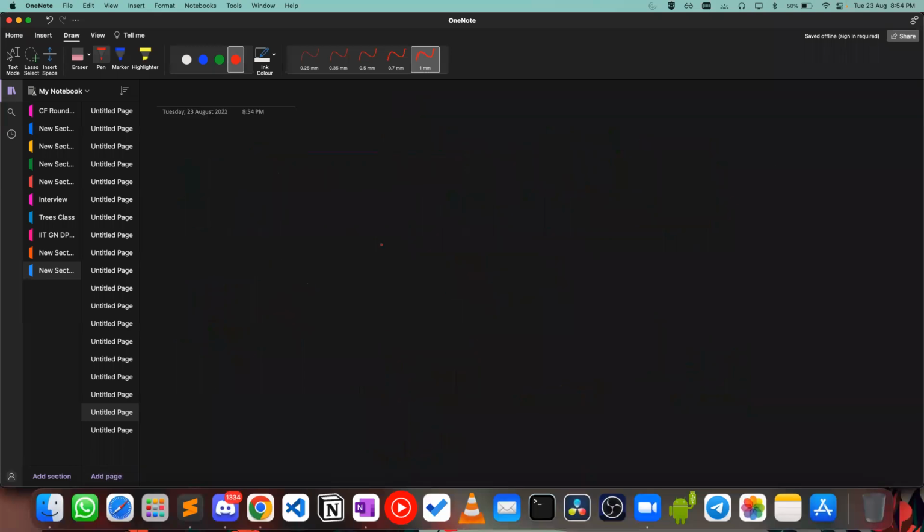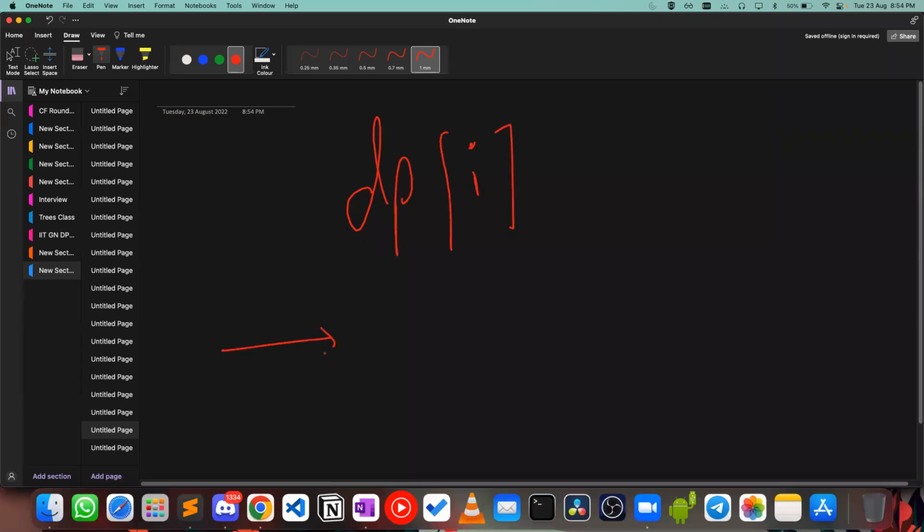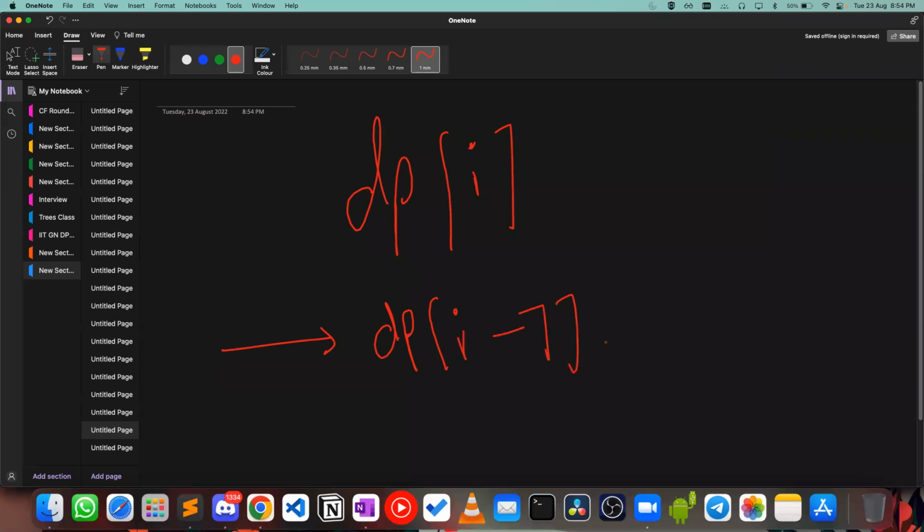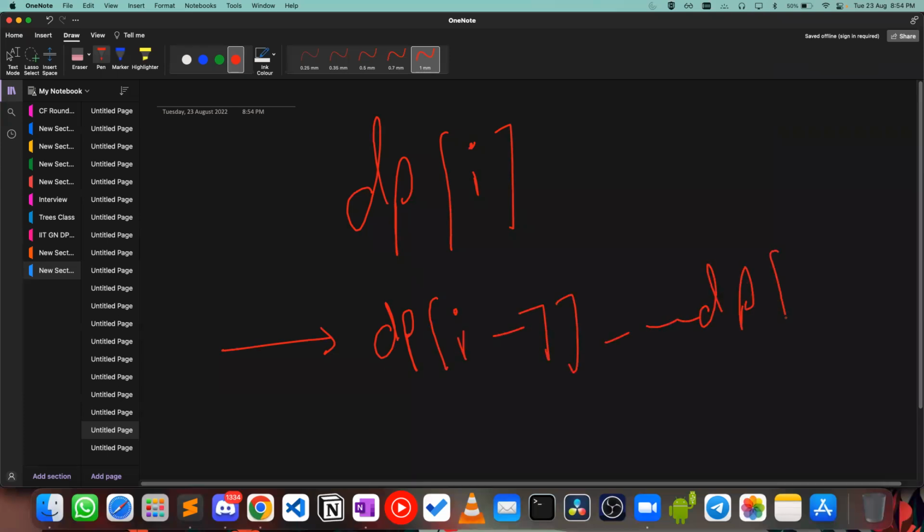So can I say that when I'm standing at DP of I, trying to find DP of I, all the states starting from DP of I minus 7, and so on up till DP of I minus infinity, I don't care about these states? I don't care about any of these states.